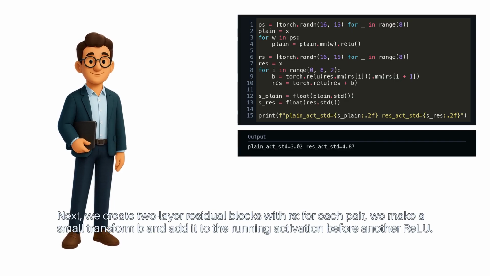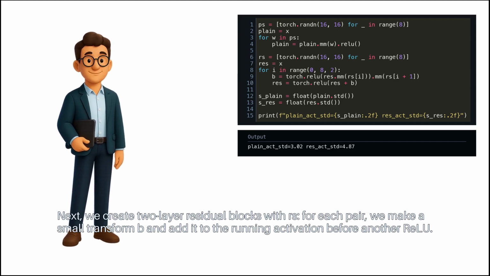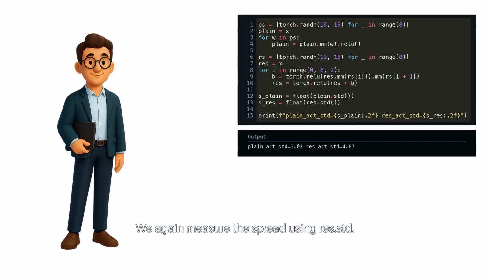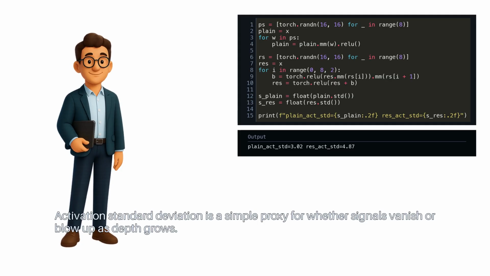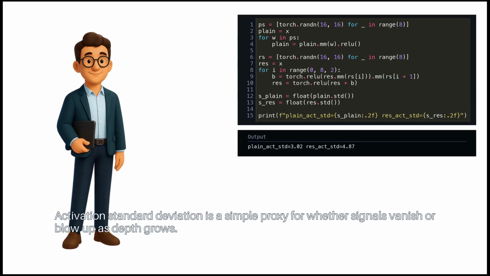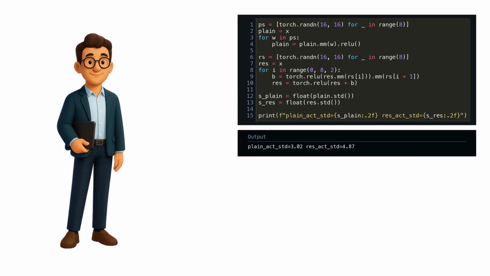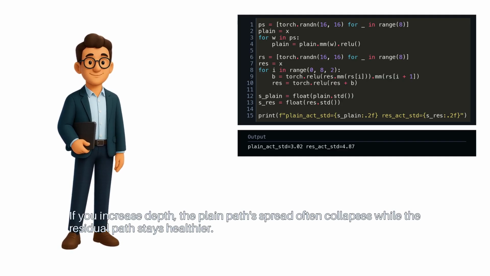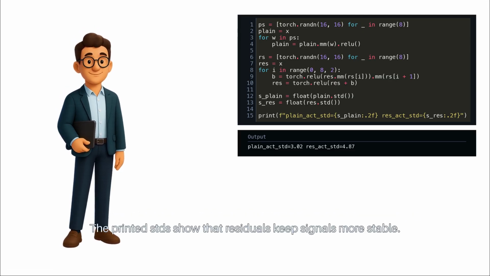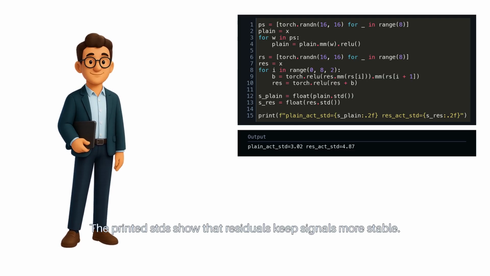For each pair, we make a small transform B and add it to the running activation before another relu. We again measure the spread using res.std. Activation standard deviation is a simple proxy for whether signals vanish or blow up as depth grows. If you increase depth, the plain path spread often collapses while the residual path stays healthier. The printed STDs show that residuals keep signals more stable.